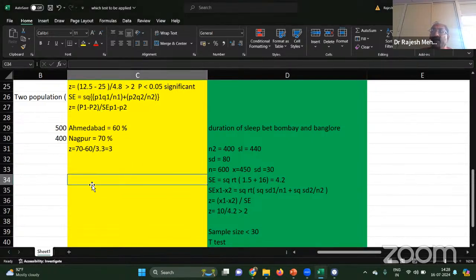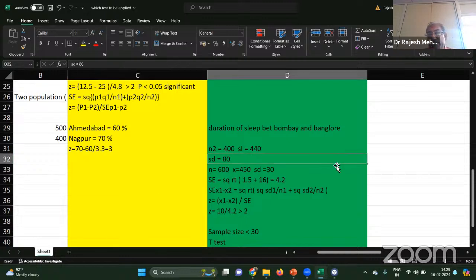Suppose you want to compare, in the same example, the number of people sick in flats versus the number of people sick in a society. Similarly, duration of sickness in flats versus duration of sickness in a society. When you want to compare this, you use the standard error of difference between two means.